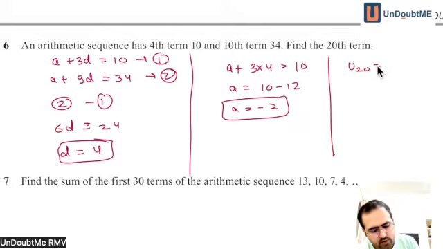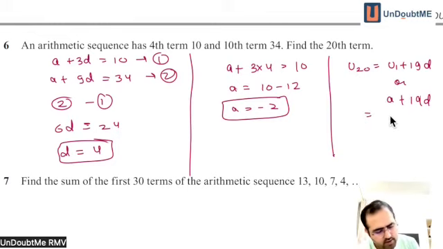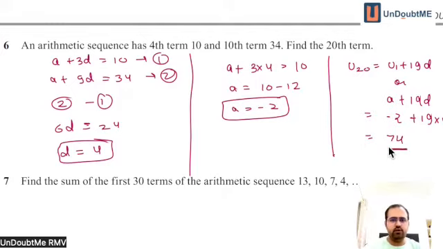The 20th term will be u1 plus 19d, which can also be written as a plus 19d. That will be minus 2 plus 19 times 4, 76 minus 2, 74. 74 is the answer.